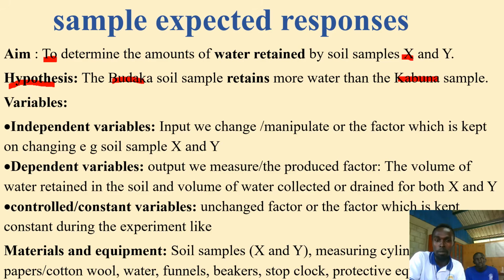On realizing that pineapples do not do well in waterlogged areas, he considered consulting the pedologists from the area to take measurements, to take experimentation, to take investigations about the lands in Budaka and in Kabuna. And the pedologist picked samples X and Y.